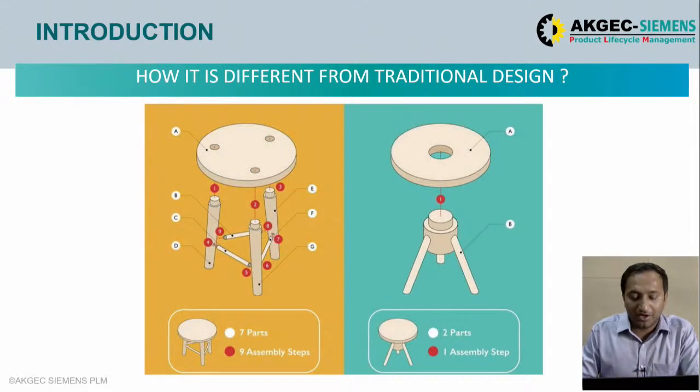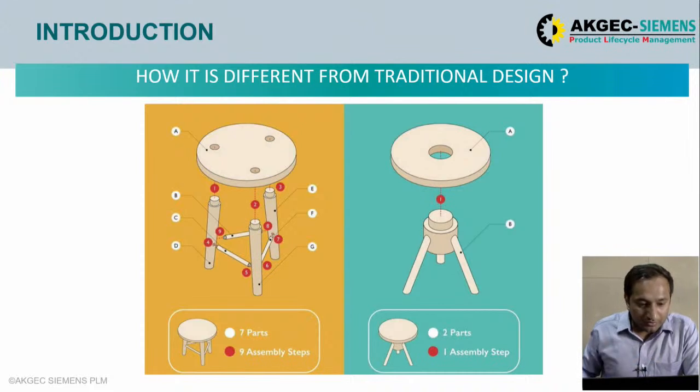You have a figure in front of you, and on the left side there is a tabletop, and on the right side there is also a tabletop. Can you recognize which one is the traditional design and which one is the design used by DFM? Just think about it. Those who are watching afterwards, after this live session has ended, just pause this video for a moment, take your time and think about which of the following will be the traditional design and which of the following products is manufactured with DFM.